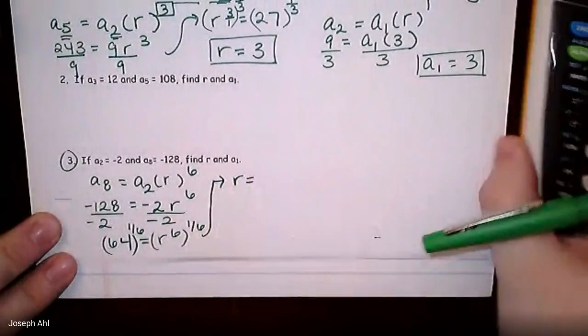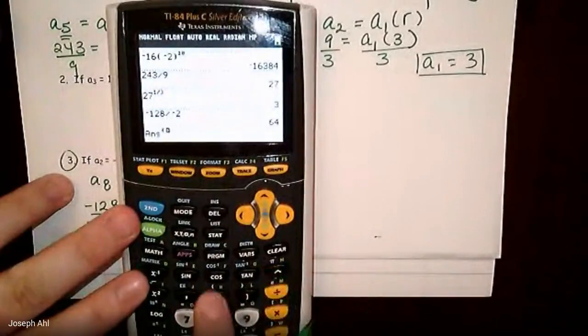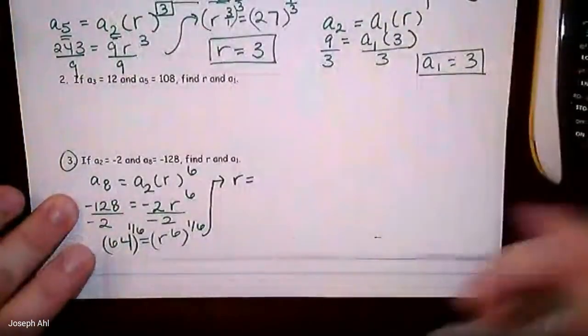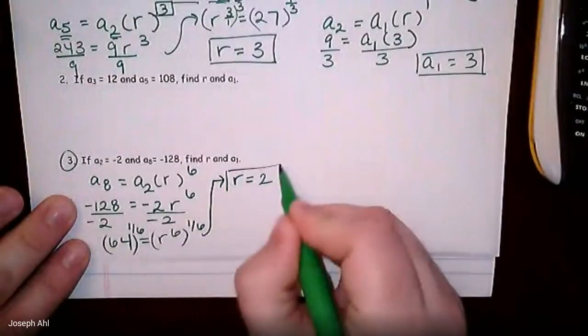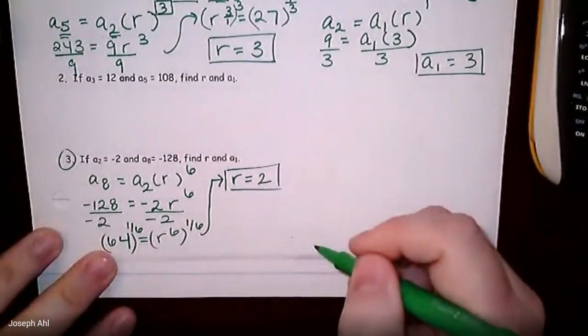And that's going to give me R equals 64 raised to the 1/6 power, which should be 2. And if you're getting kind of wacky answers, definitely check your work, because we choose the R values to typically be nice-ish looking numbers. So if you get some crazy looking decimal, chances are we made a mistake somewhere.